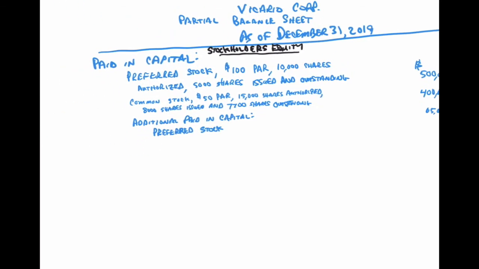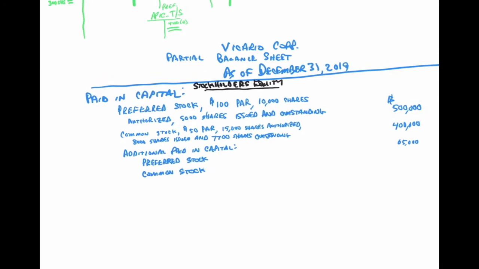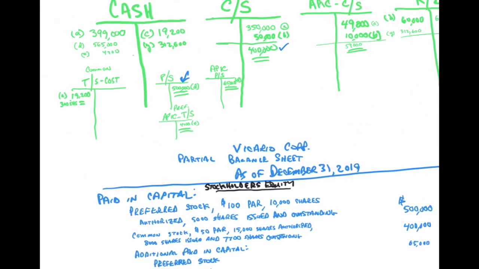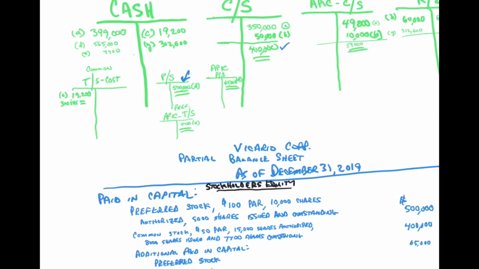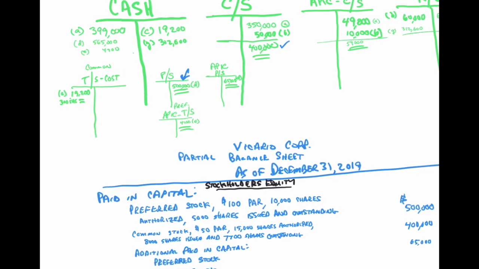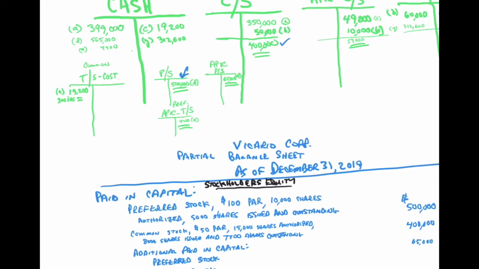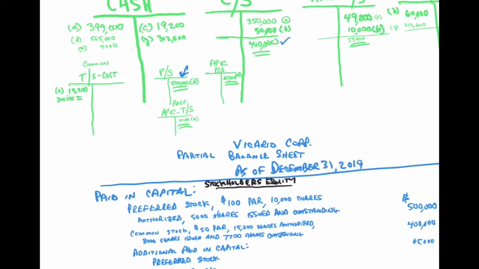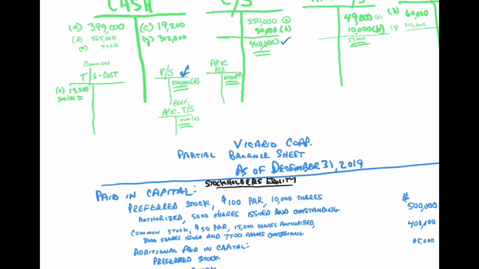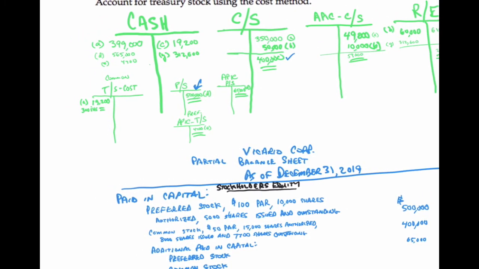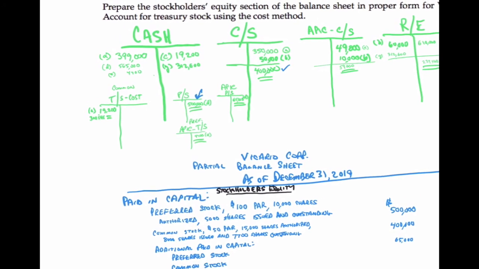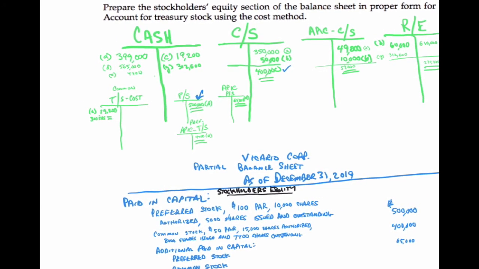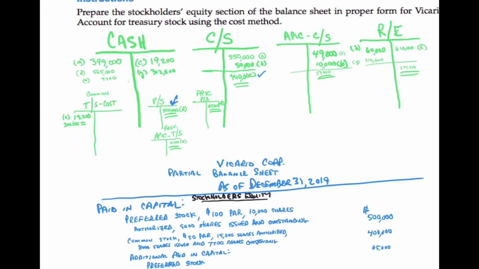We have common stock, and that's going to be, let's see. The common stock additional paid in capital should be this 59,000 here.